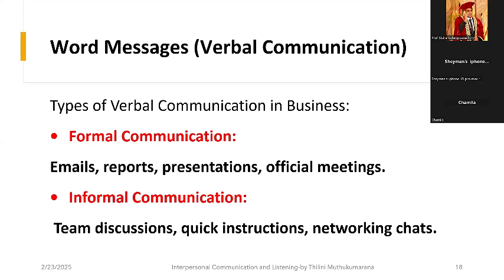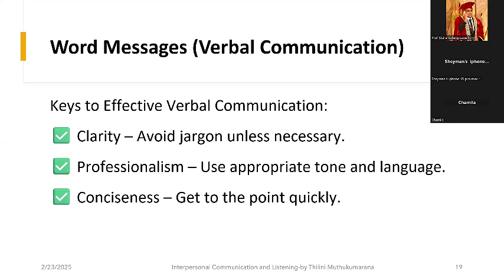Okay, next we are going to focus on the factors we have to consider to maintain effective verbal communication. These three things are very important. The first thing is clarity. What you say, the sender, the person who is sending the verbal message, should be understood by the other party, the receiver.